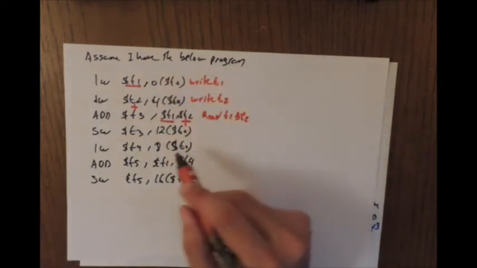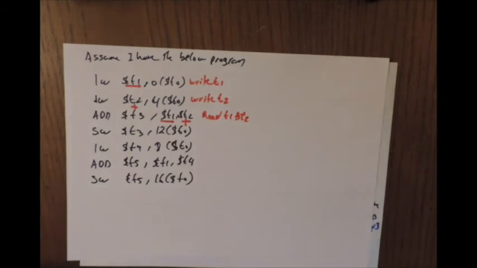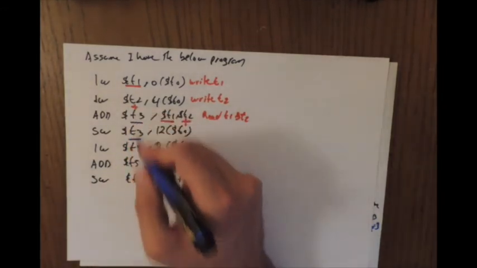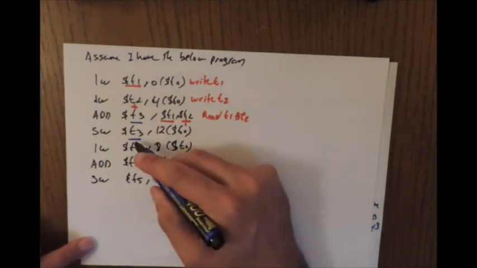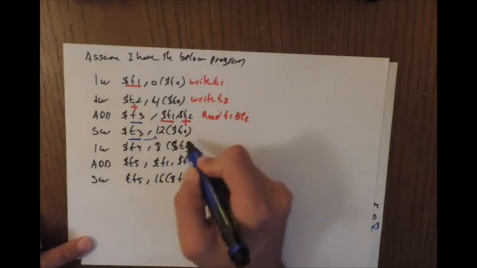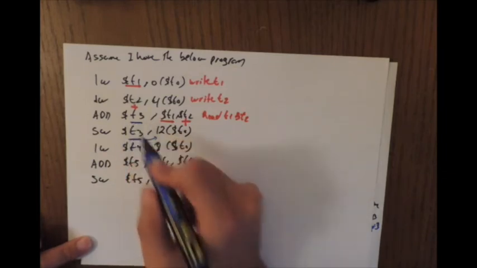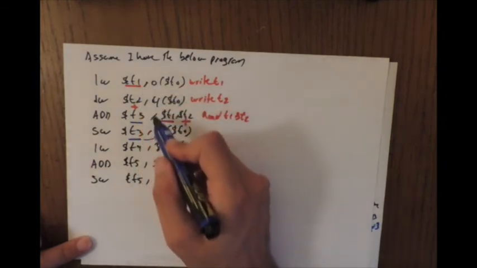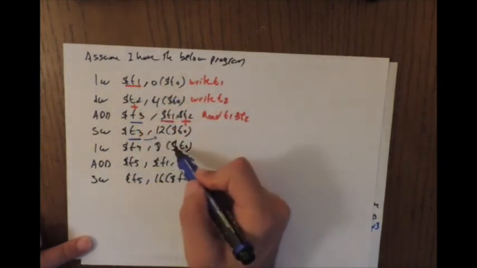And then I check t3. Also t3 is, there is a read after write dependency between t3 and this. Remember, SW reads the value and store it here. So this is a read and this is a write. T4, there is nothing in the destination about T4, so there is no dependency here.